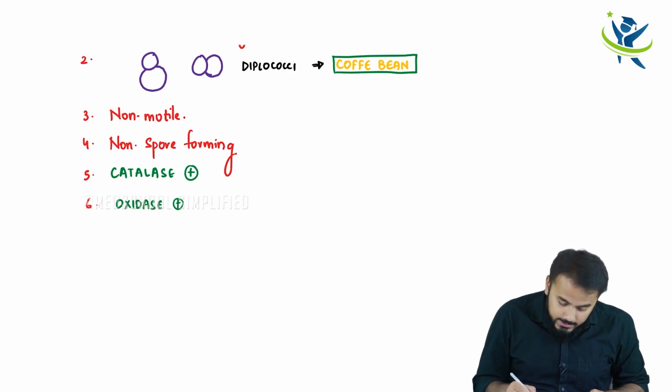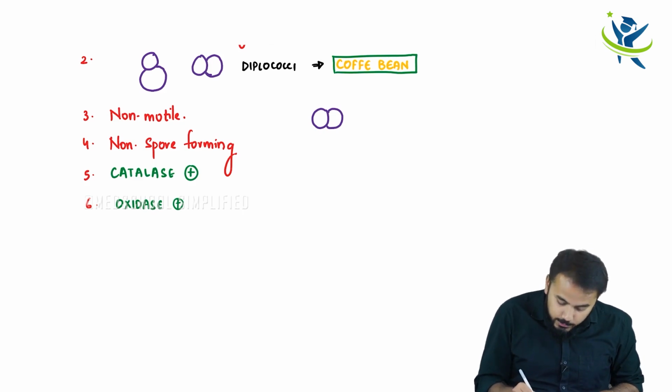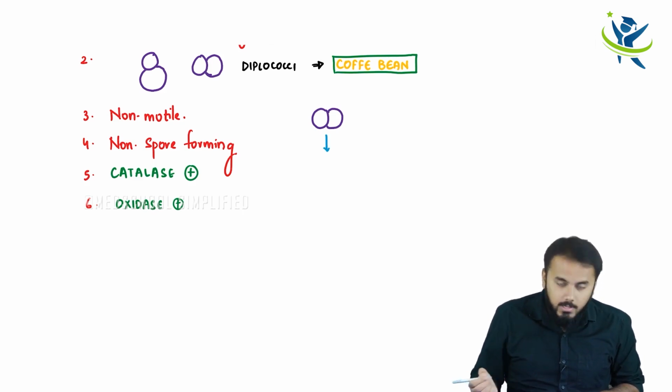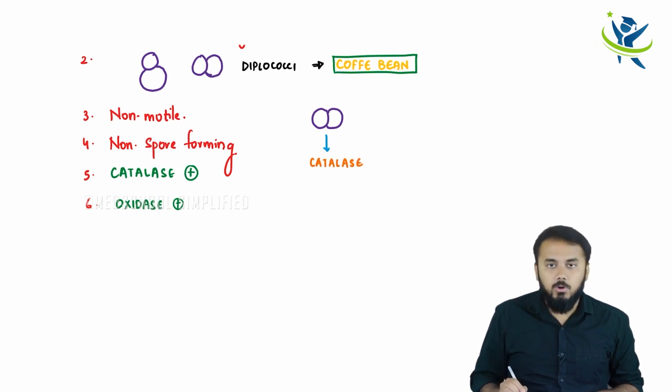For example, let us say this was your bacteria, this is your diplococci. Now this bacteria is releasing a special enzyme, and that enzyme is called catalase.